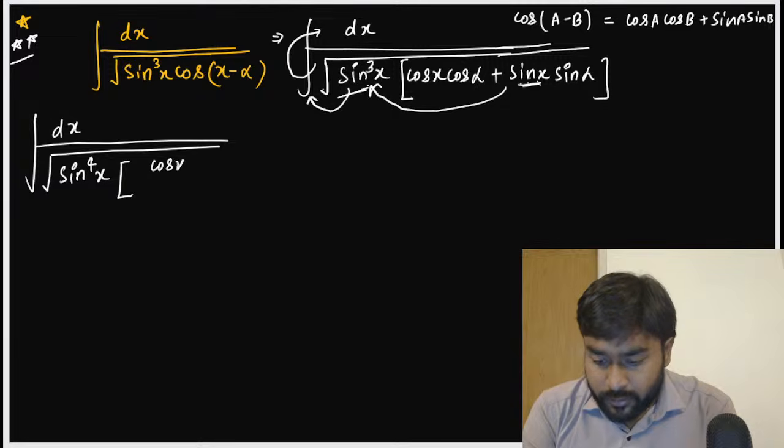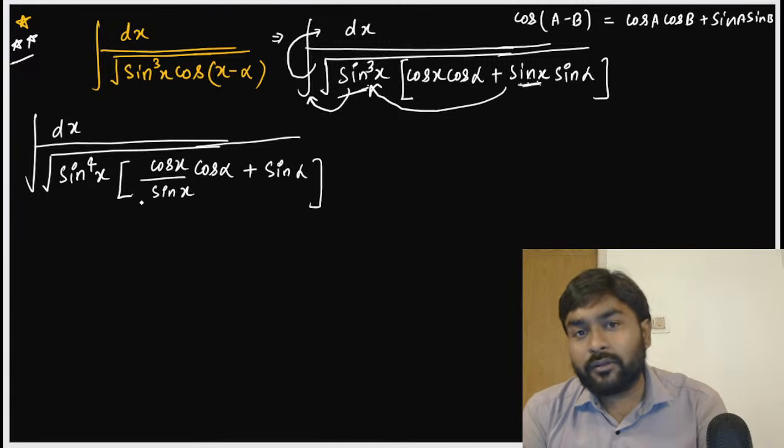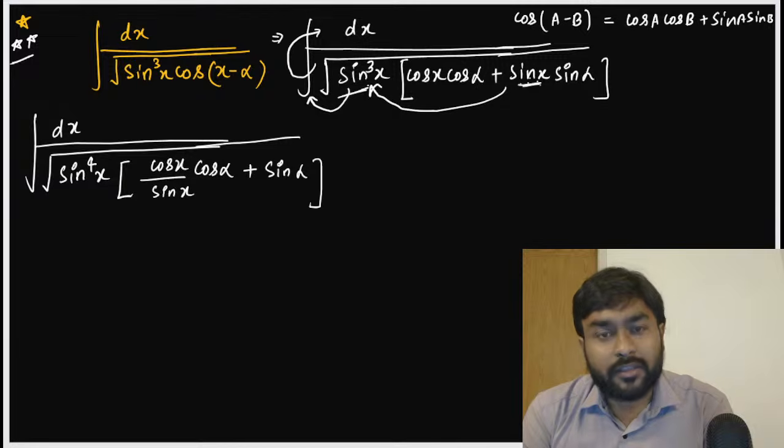We will write cos x by sin x, and cos alpha. Then plus, from here sin x we took, so it will become sin alpha. Then the bracket closes. It will become cot x. Correct? That is under root.